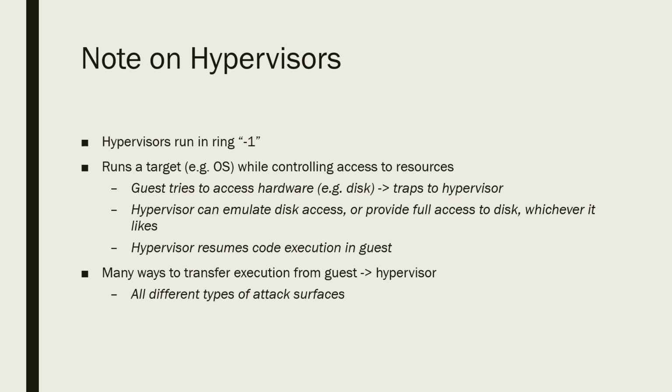We'll touch on this a little more later as well. But to find out more about hypervisors, I recommend taking our dedicated hypervisor internals course or researching this as an extension to our vulnerability research course. I will touch on it a bit more later, and we will even use hypervisors and emulators for some of our full system fuzzing in later sections.